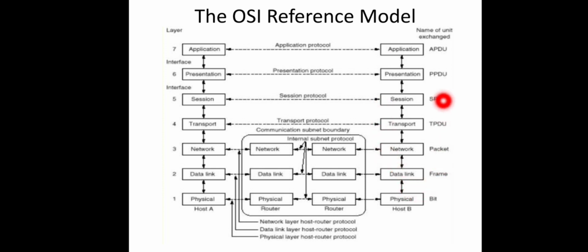In between we have a set of routers through which the data passes, and these routers contain the first 3 layers. Physical, data link and network layers are present in the router, and the corresponding layers of the sender and receiver machines communicate using a set of protocols.